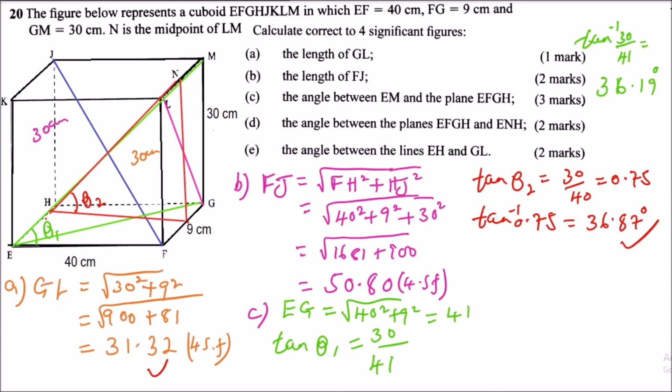So these lines are not connected, and therefore what we do is we translate GL to fit on HK, so that we get the angle between now KH and HE, where we have now G at H and F at E. So that's what we do. So let's get the angle.